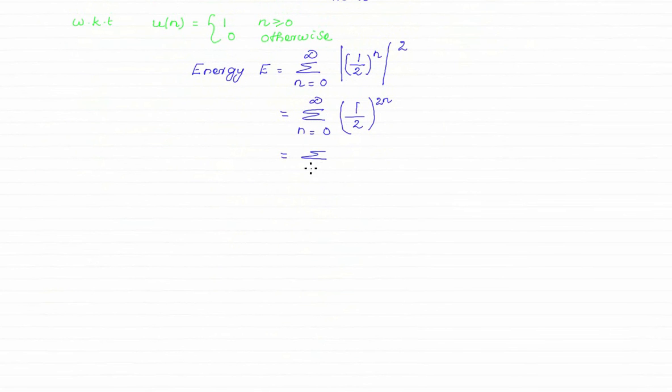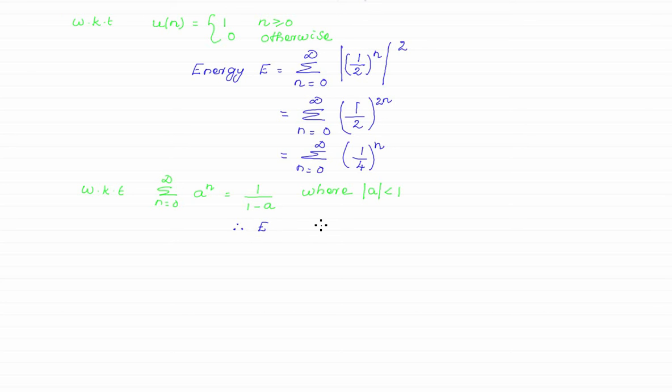In this step, 1 by 2 power 2n is written as 1 by 4 power n. We know the series expansion: summation n equal to 0 to infinity a power n is equal to 1 by 1 minus a, where modulus of a is less than 1.